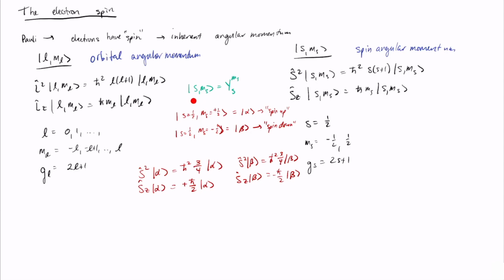And so because spin is purely quantum, we stick with writing this in terms of eigenkets, because there's really no classical equivalent. There's no way to write this as a function because it's not a function. It's this weird extra degree of freedom that only has two possibilities. So instead of trying to turn this into something like a function, we're just going to stick with writing in bracket notation.